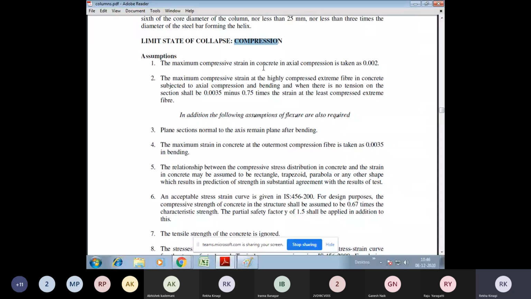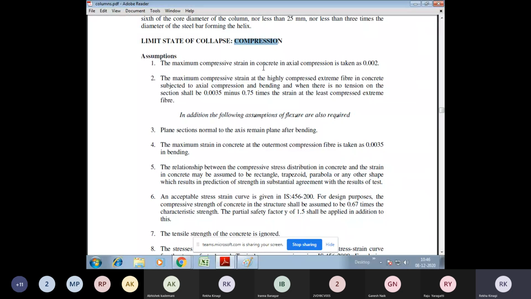The maximum compressive strain at the highly compressed extreme fiber in concrete subjected to axial compression and bending, when there is no tension on the section, shall be 0.0035 minus 0.75 times the strain at the least compressed extreme fiber. And plane section remains plane even after bending. That is a common criteria which we are observing.